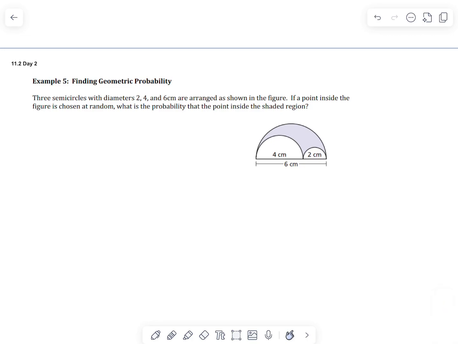Example 5. 3 semicircles with diameters 2, 4, and 6 centimeters are arranged and shown in this figure. If a point inside the figure is chosen at random, what is the probability that the point is inside the shaded region? So inside the purple. So what we have to do is find out the area of the entire circle.